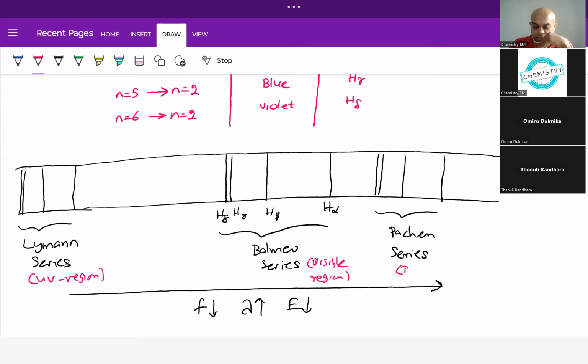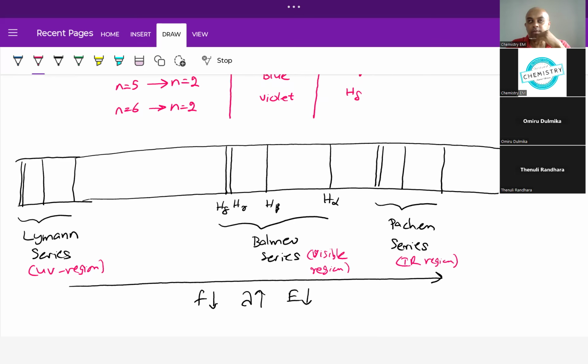This is in IR region. So the gap between partial series and the Balmer series is getting closer. Gap between the Lyman series and Balmer series is higher. Right? Clear? Right. Let's try now.